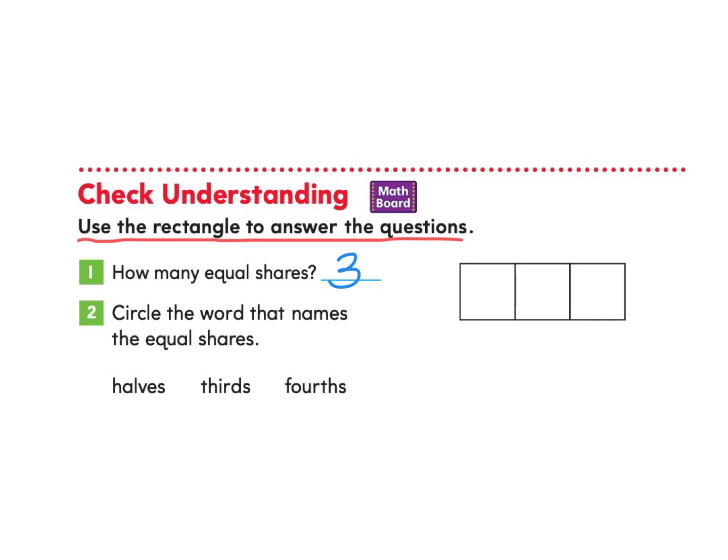The next part asks me to circle the word that names the equal shares. I have the words halves, thirds, or fourths. I know that when I have 3 equal shares, another word for that is thirds. Great job today. As always, you can go back and rewatch this video and pause anytime as needed.